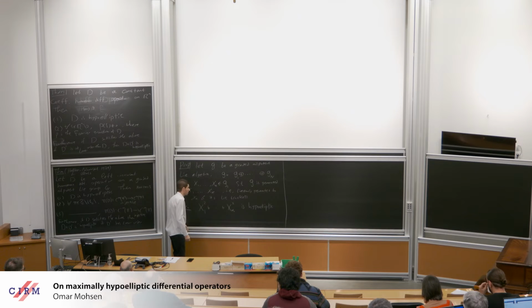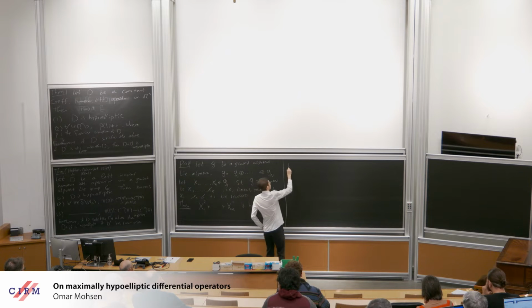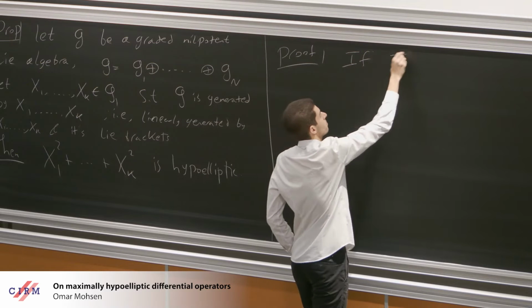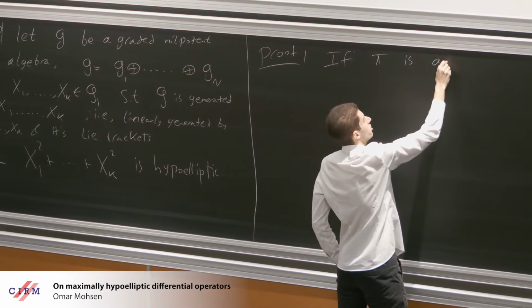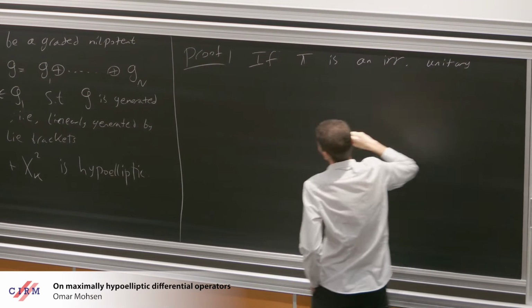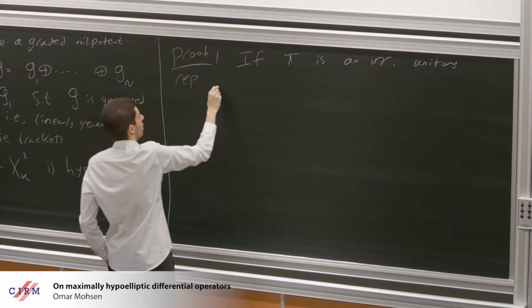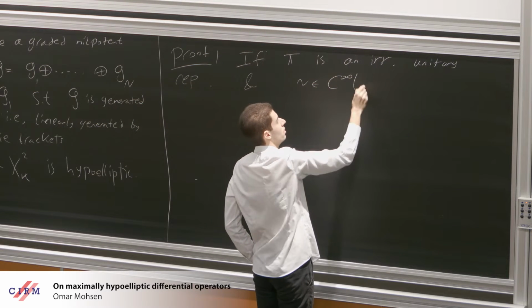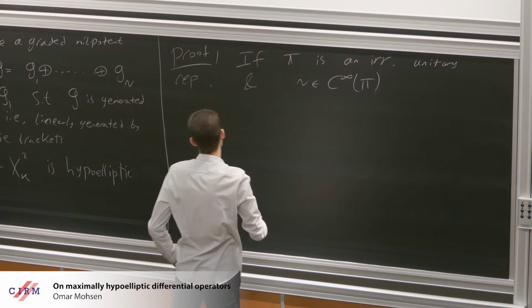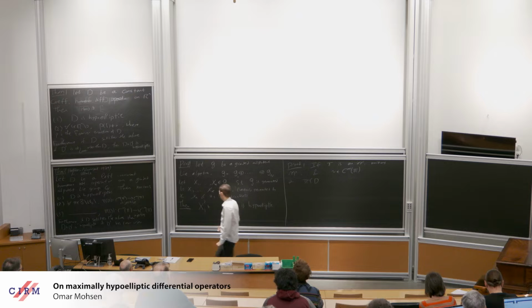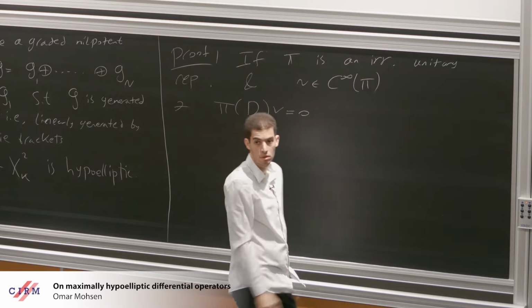So the proof is very simple. If pi is an irreducible unitary representation, and v is some smooth vector such that, so I call this D, pi of D v is equal to 0.